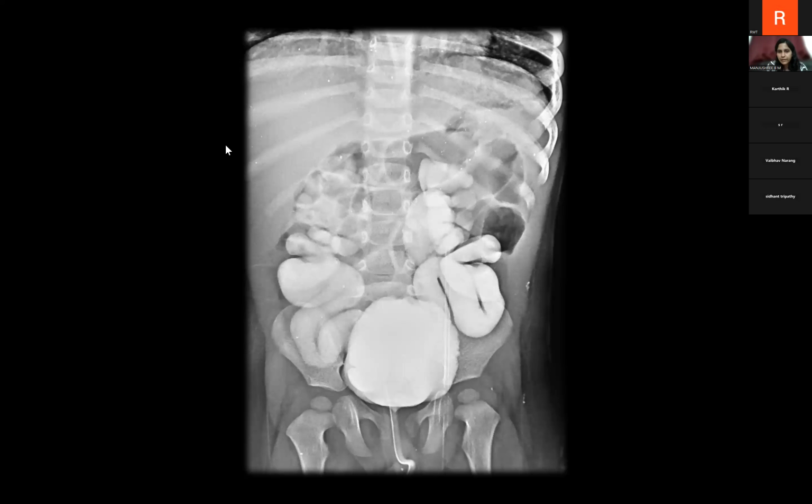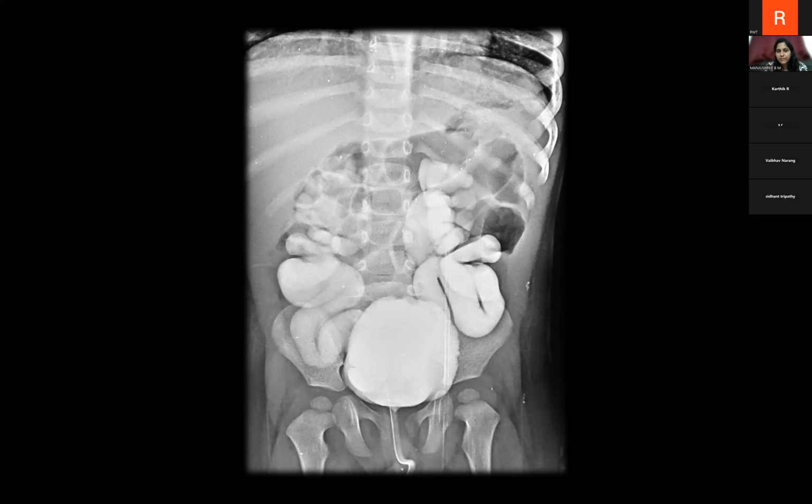We have grading, right? So what is grade 1 reflux into? Start typing. Where will the reflux be in grade 1? Into the ureter. Very good. Grade 2, the pelvic system. Very good. And in grade 3, is there mild, moderate, or severe dilatation of the ureter? Mild dilatation.